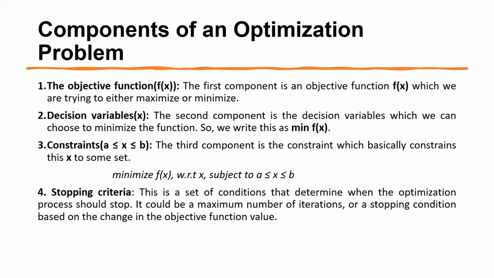Then a stopping criteria. When do you want your optimization to stop? Because you can run it infinitely, but you want to capture the result from the optimization as well. So when do you want it to stop? After a certain number of iterations, after a certain number of generations, or if the objective function has reached a certain value.